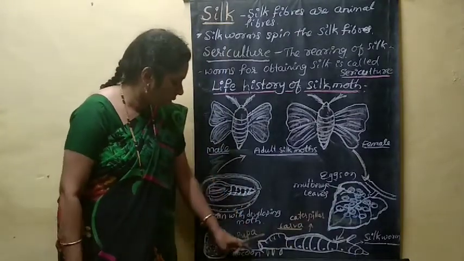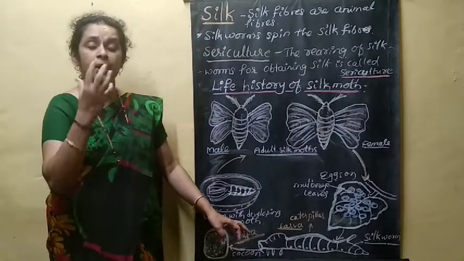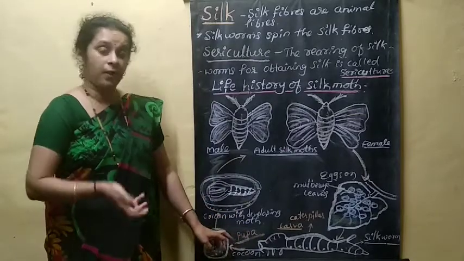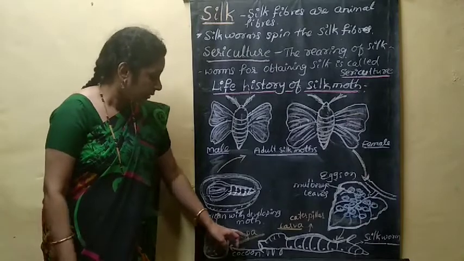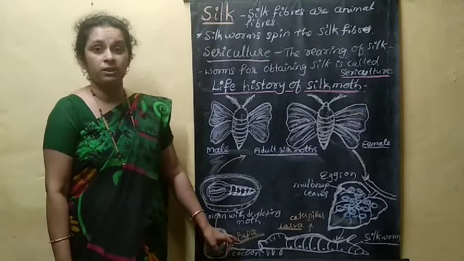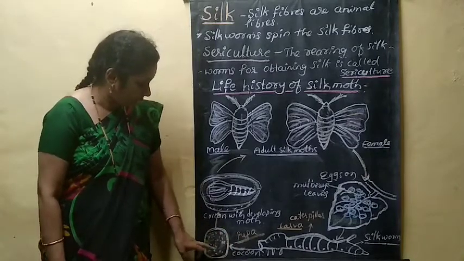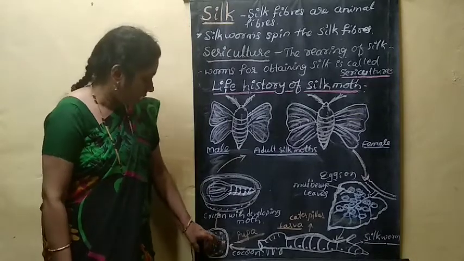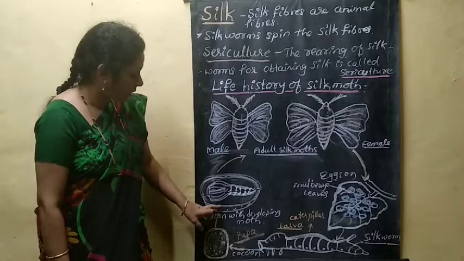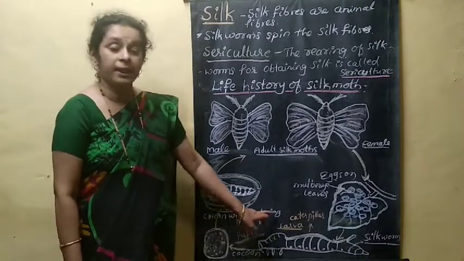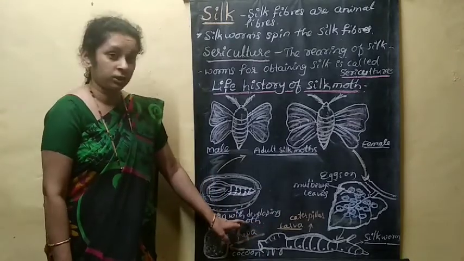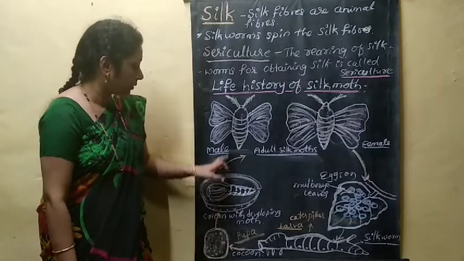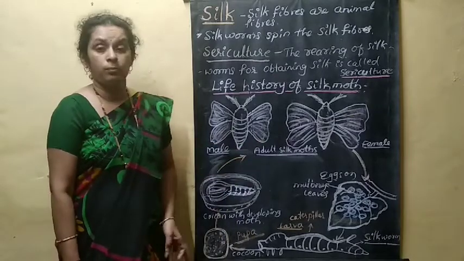This silkworm spins around itself silk fibers, which are a type of protein. Then it will enter the pupa stage. This is called a cocoon. Then it will enter the next stage, the cocoon with the developing moth, and then it will develop into an adult silk moth.